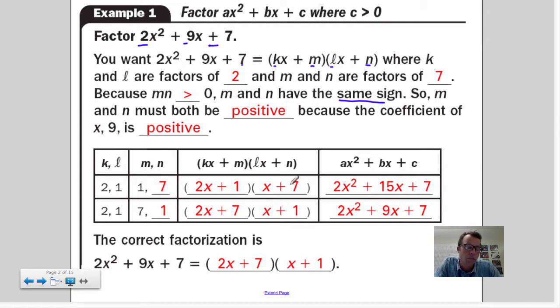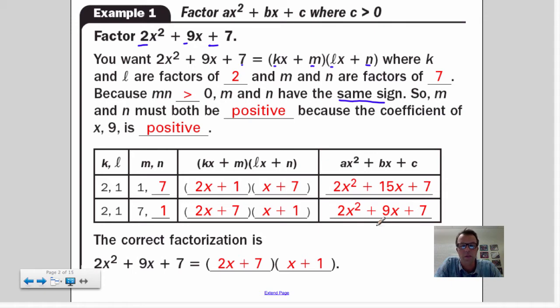Nobody, unless you're really good, looks at the original equation and sees right away how it factors. We all go through trial and error. So here, notice with this first combination, my middle term would be 15x, and that's not correct. So we'll eliminate that. In the second combination, if we put 7, then 1, I'll get the correct middle term.